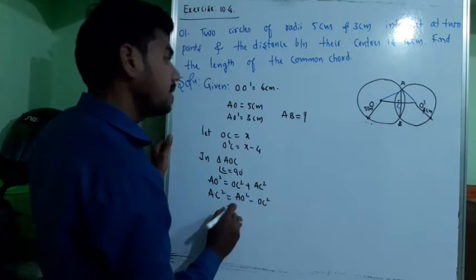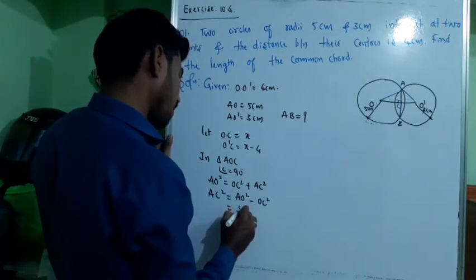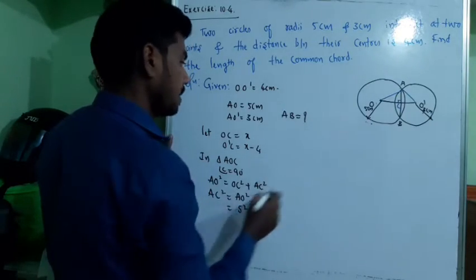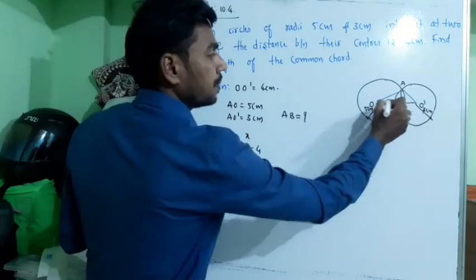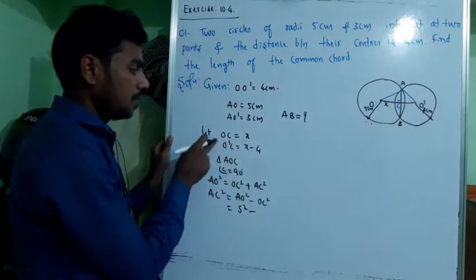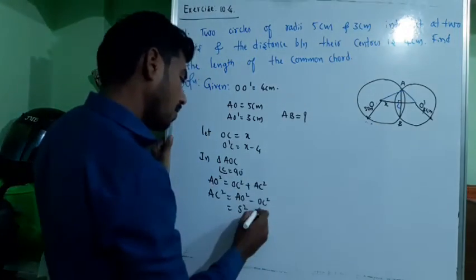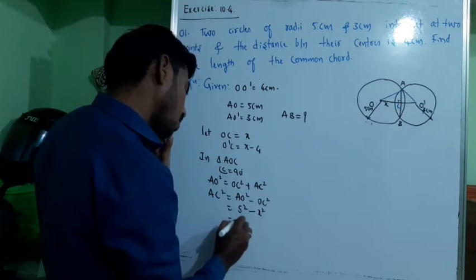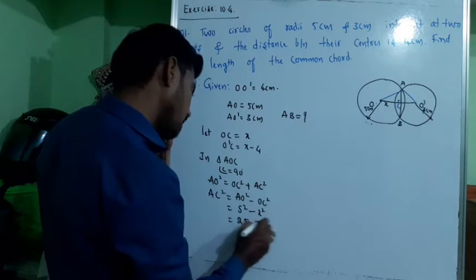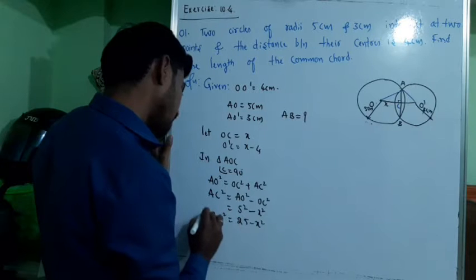Then AO square is 5 square, minus OC, which is X, we defined it. So that is 25 minus X square, that is AC square. We'll keep it as it is.